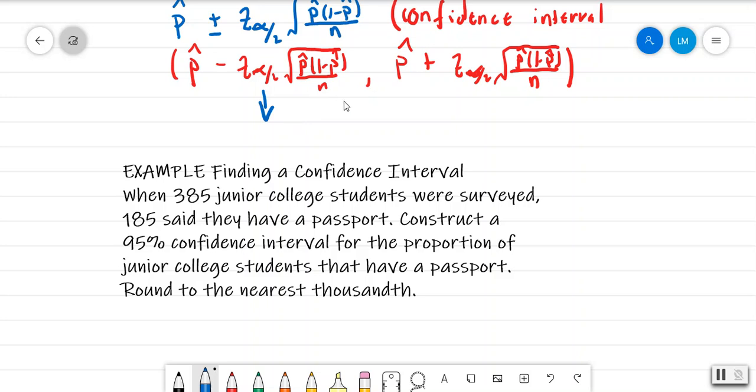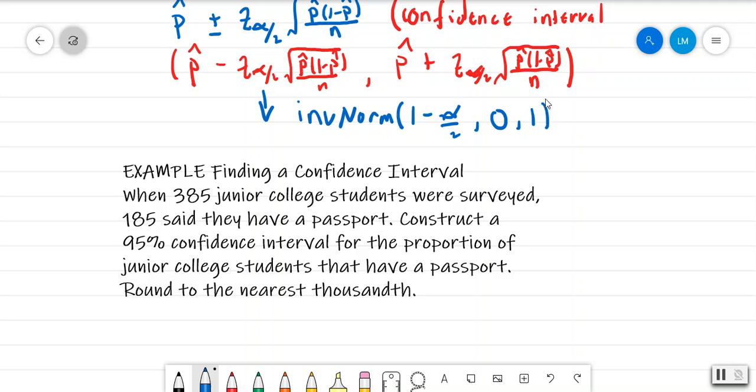So for example, whenever you're trying to look for z alpha over 2, you will do inverse norm, and the area that you have to look for is either 1 minus alpha divided by 2, comma, the mean is 0 and the standard deviation is 1.